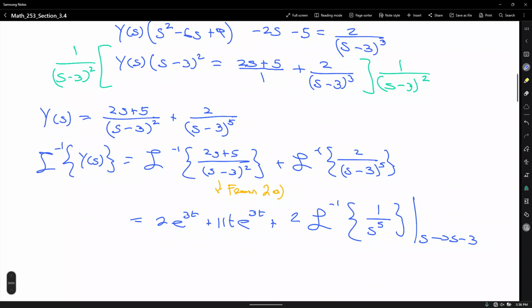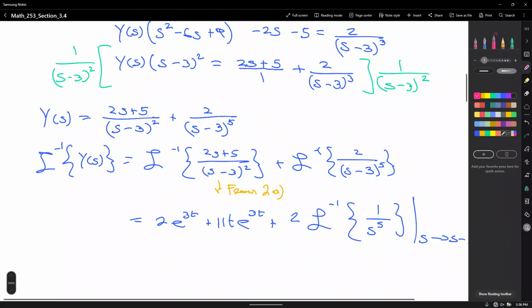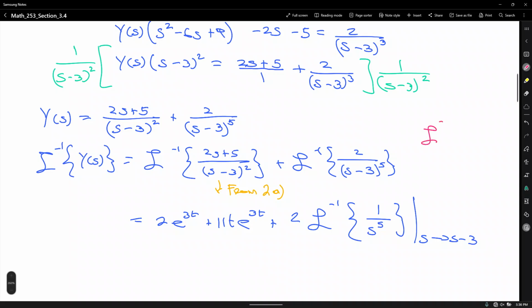Number one, let's talk about this inverse. Let me change color and do some work on the side. Let's recall that the inverse transform of n factorial over s to the n plus 1 equals t to the n, or the Laplace transform of t to the n equals n factorial over s raised to the n plus 1.